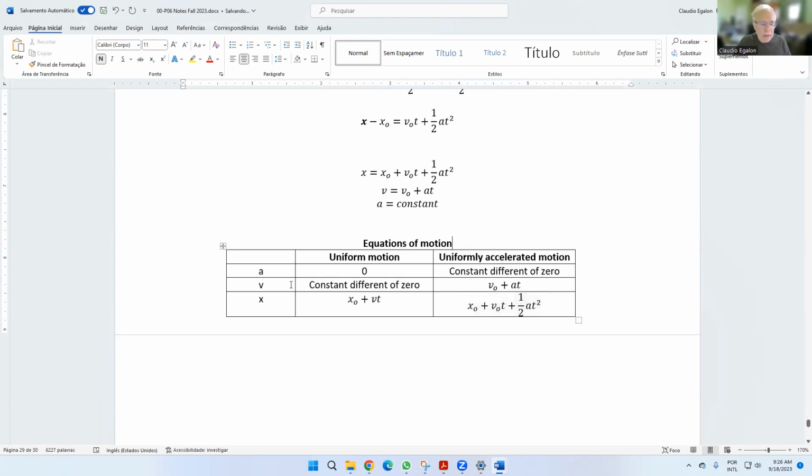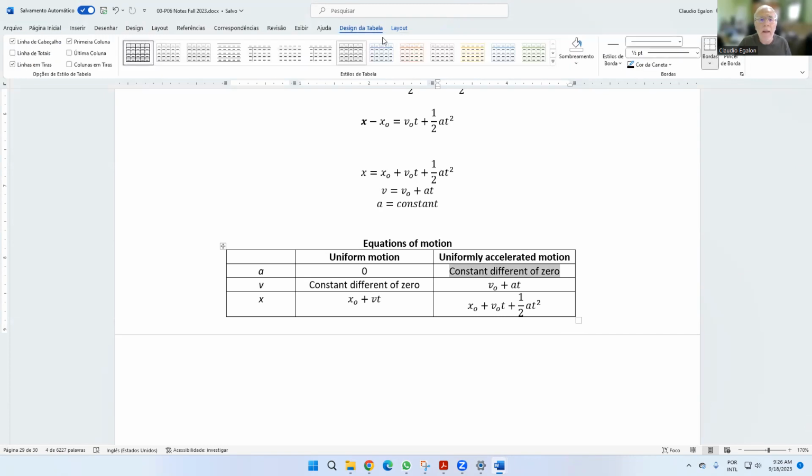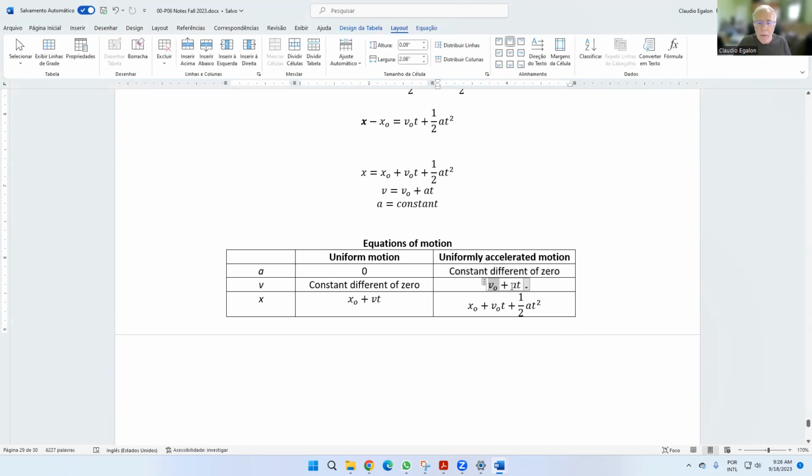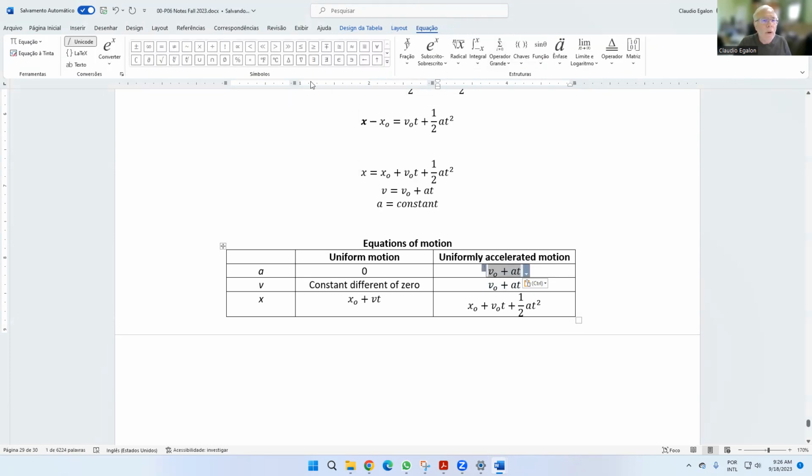Here's the a, v, and x. I can italicize them. I'm going to put it in a better way here. Design the table, not this one here. I'm going to do something like that. Instead of this, what I want is the difference of the zero sign.